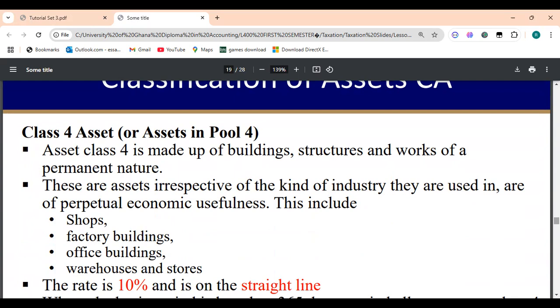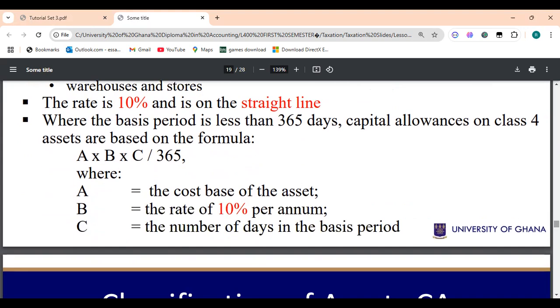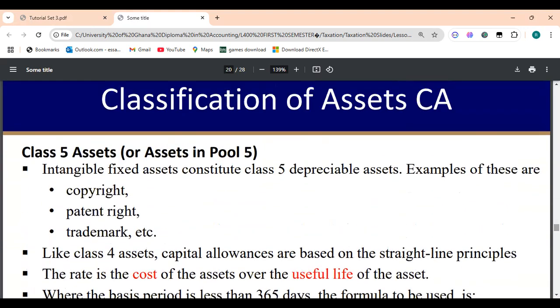These assets, irrespective of the industry they are used in, are of perpetual economic usefulness. So items that will be there for a very long time. This includes shops, factory buildings, warehouses, and stores. The rate is 10% and it's on a straight line basis, right? So the same thing applies here.